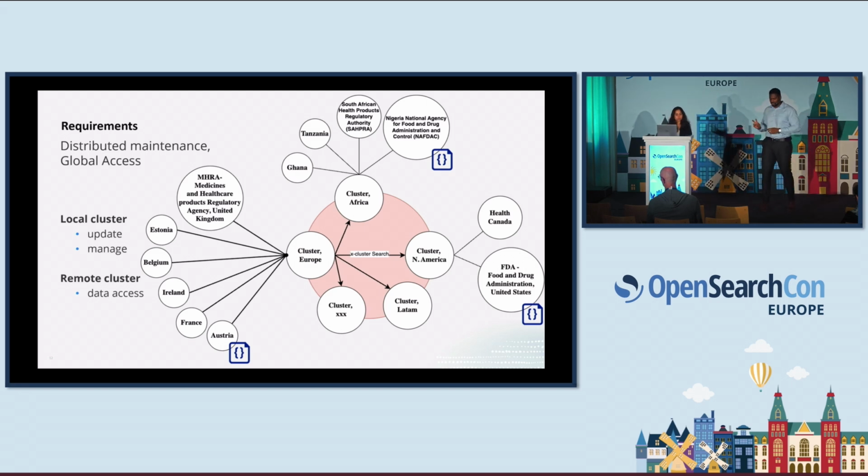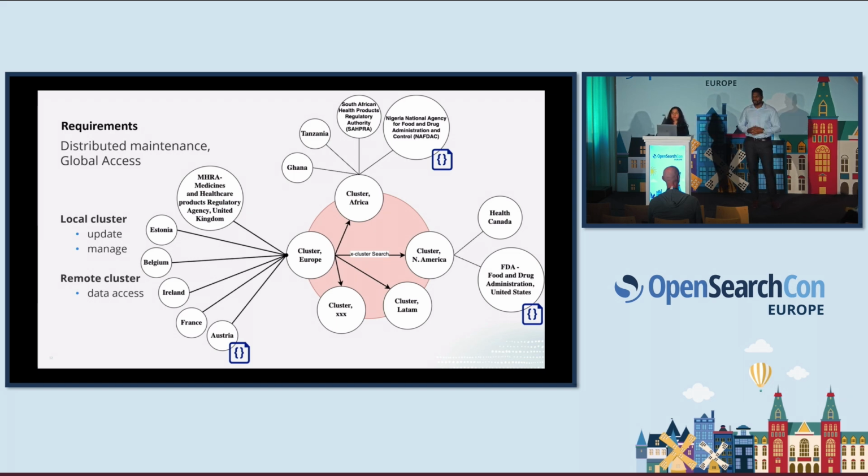Again, I have two points about our requirement for the system we're trying to build. The first one is that it's important to have a distributed maintenance of this whole system, because the data that will be needed here in Europe is not exactly the same that will be needed in the USA, for example. And in that sense, the local expertise is very important.